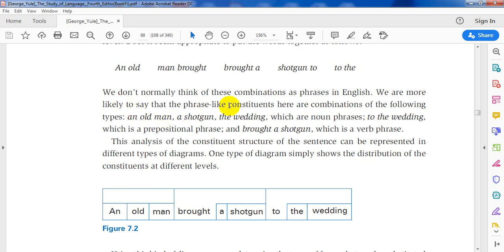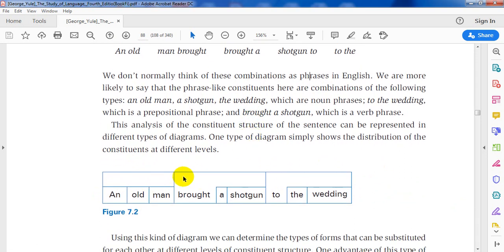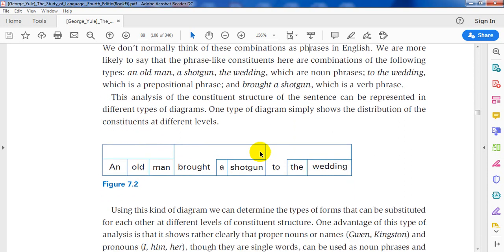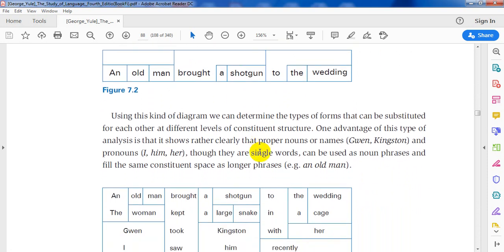So we can group these constituents in this way. This is one possible way of grouping those constituents. And actually these are levels. Okay, these are levels. So using this kind of diagram, we can determine the type of forms that can be substituted.